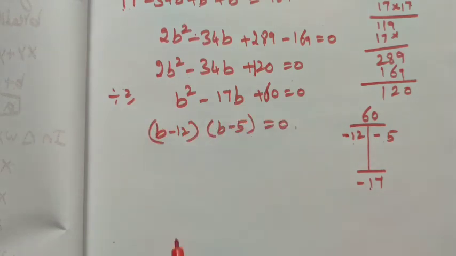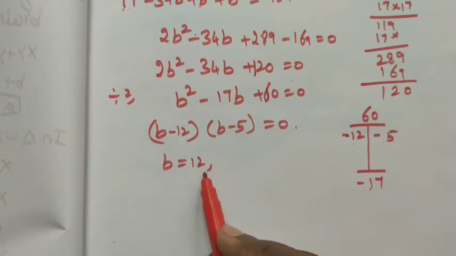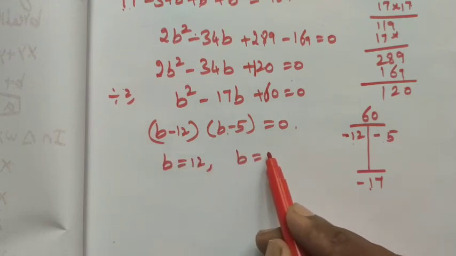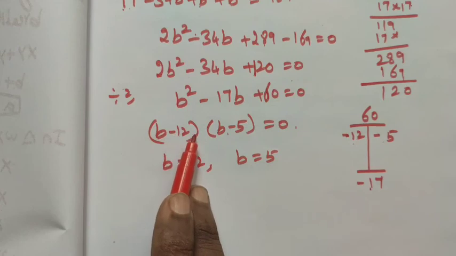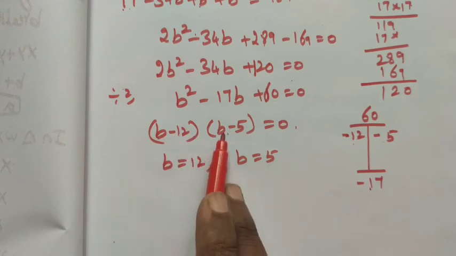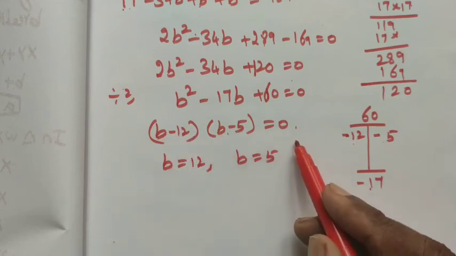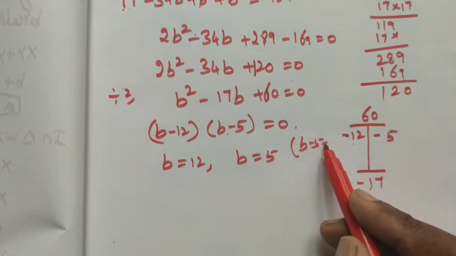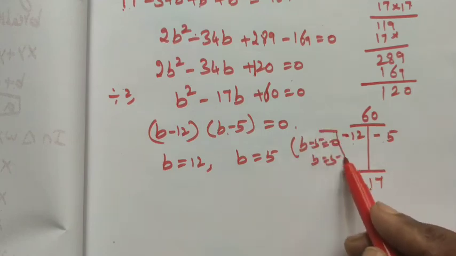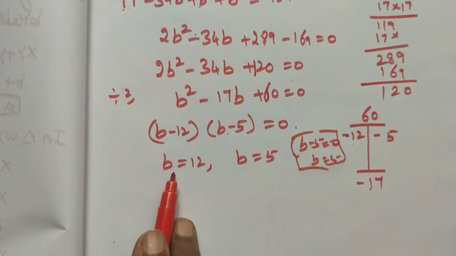These are the two factors. B minus 12 equal to 0, then B is equal to 12. B minus 5 equal to 0, then B is equal to 5.